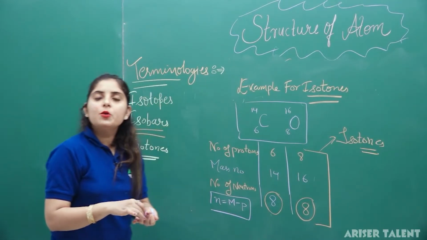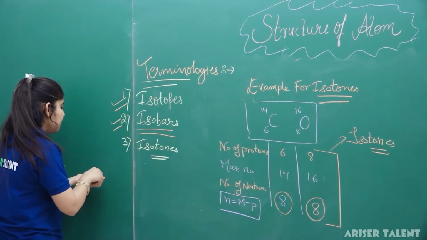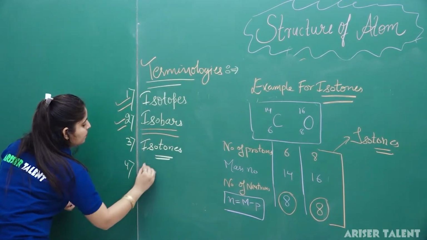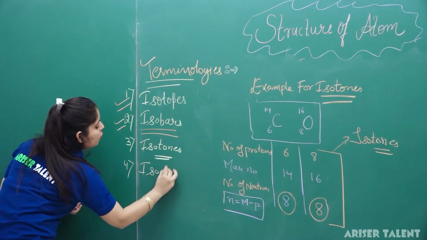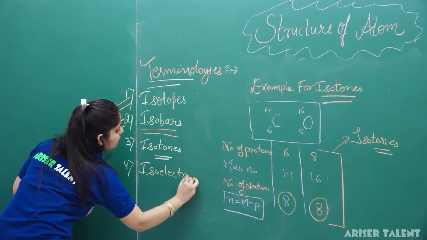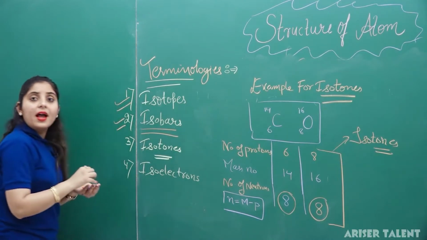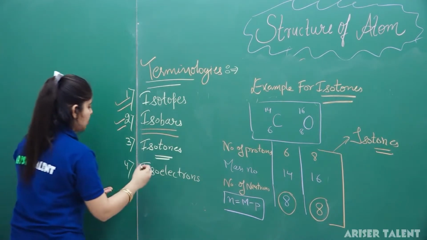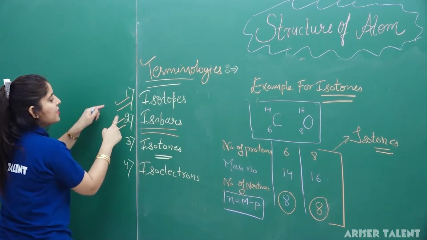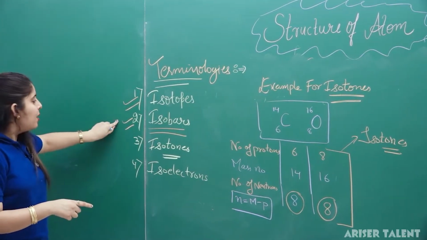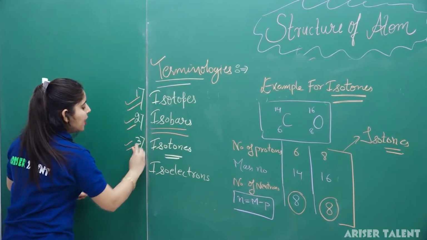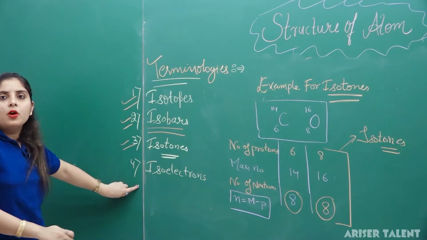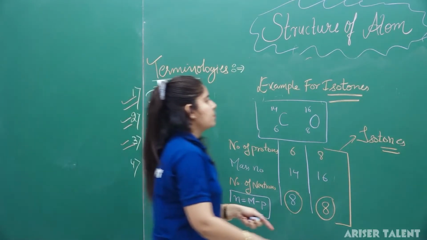Now we are proceeding to our next term, that is isoelectronic, or we may say isoelectrons. We have discussed isotopes, isobars and isotones. Now we are on our fourth category, that is isoelectrons.